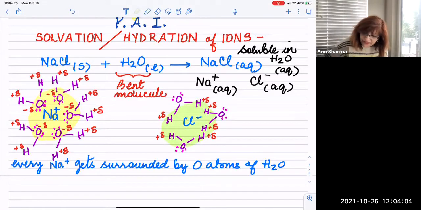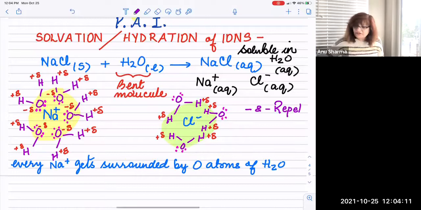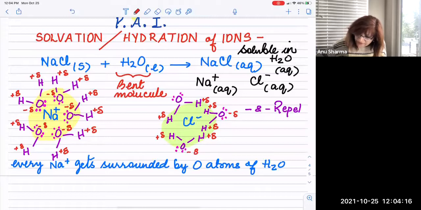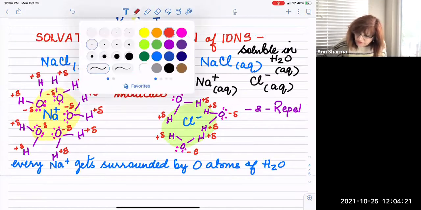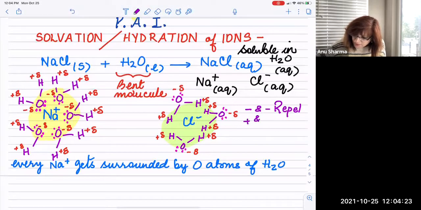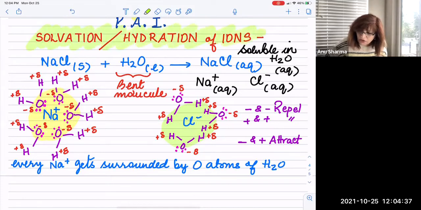So what we see here is that the positive and negative attract, and that is why the negatively charged oxygens are pointing in opposite directions, since like charges repel. Positive and positive also repel, but negative and positive attract. Because of this attraction, this whole process is called solvation or hydration of ions.